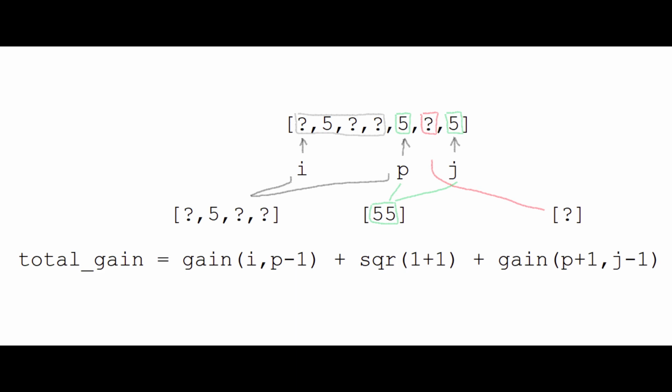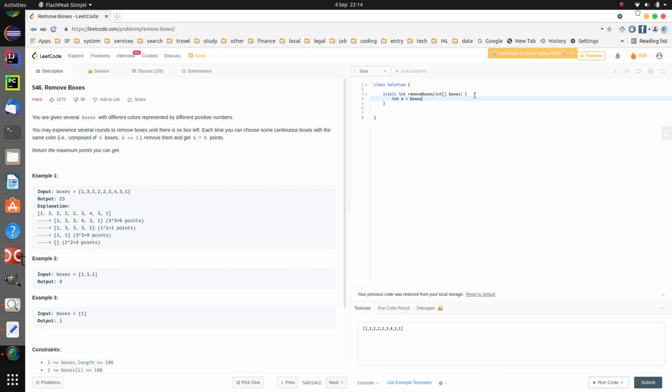Let's code it. First of all, we have to measure the length of our original array of boxes. And then we have to invoke our magical function. Let's call it gain.